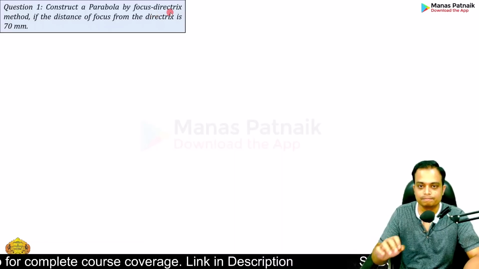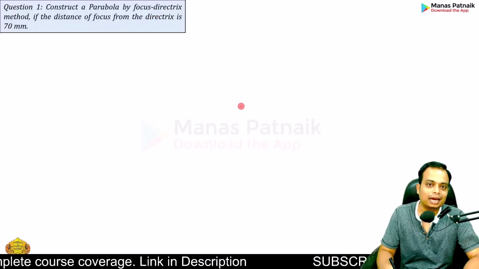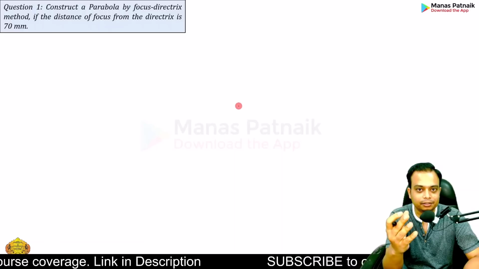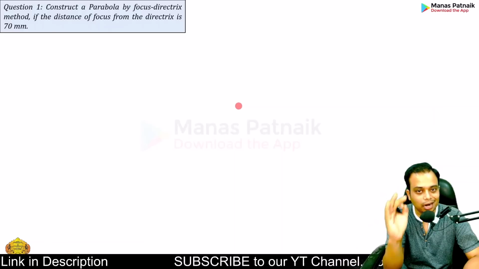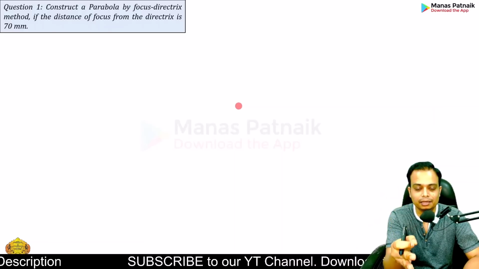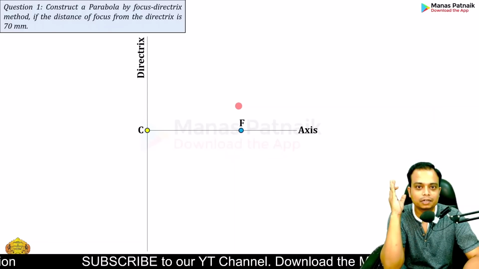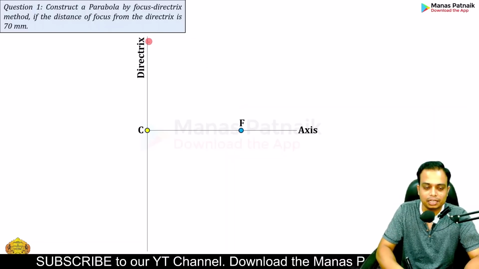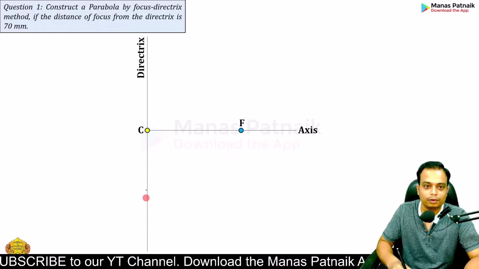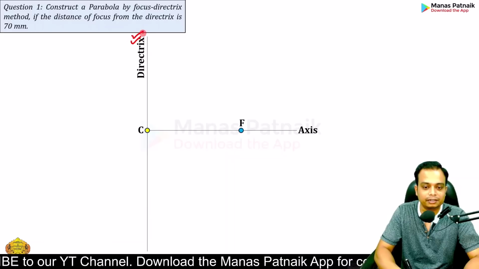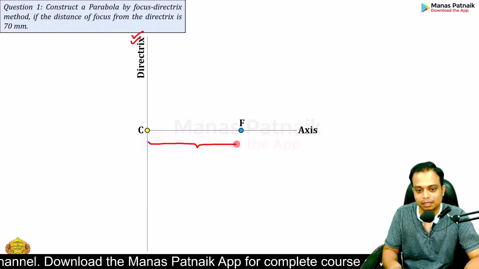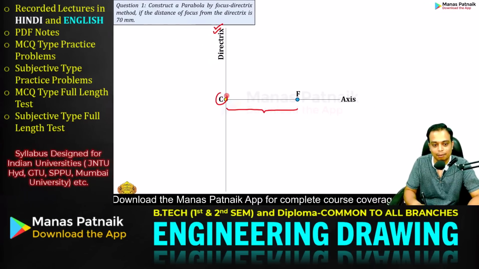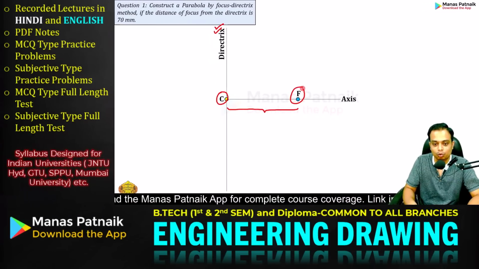So first of all, what do we know? We already know that the distance between the directrix and the focus is 70 millimeters. So what you have to start off with is by making this structure. Done. In this structure, please make this vertical line, which is popularly known as the directrix. And secondly, this distance is the distance between a point on the directrix and the focus.